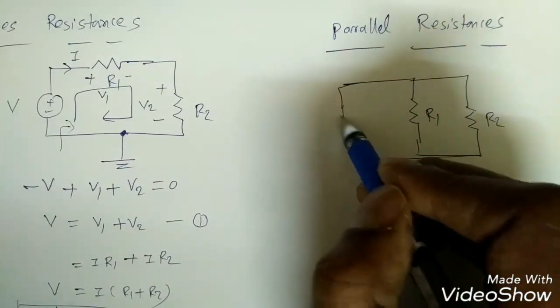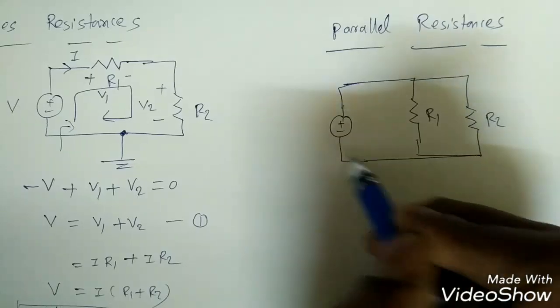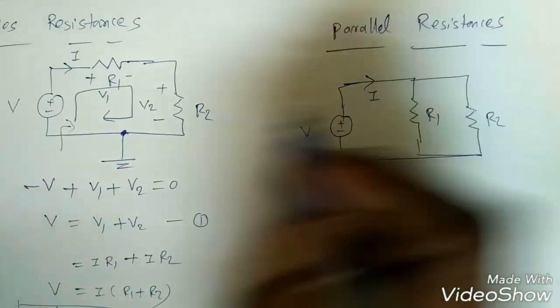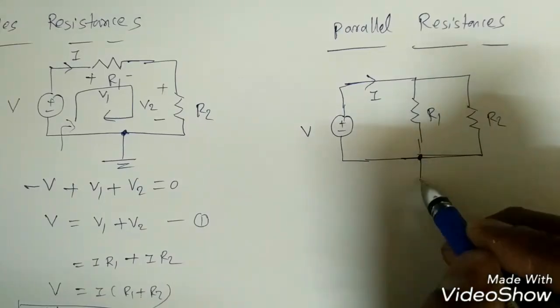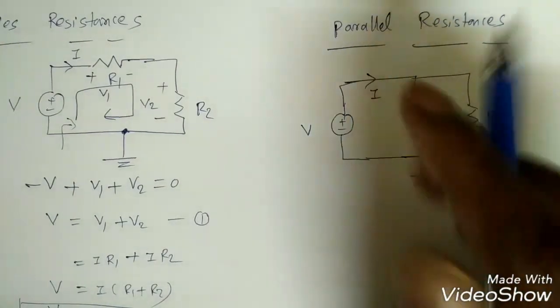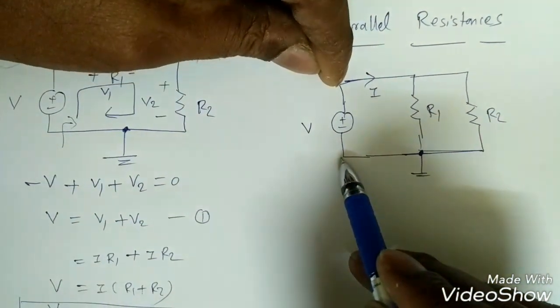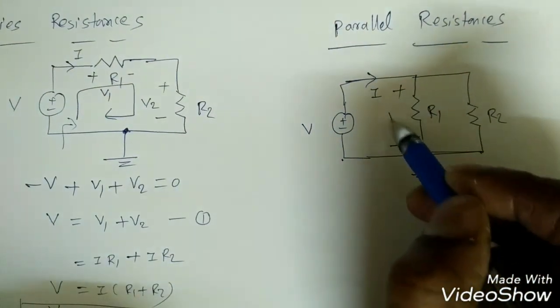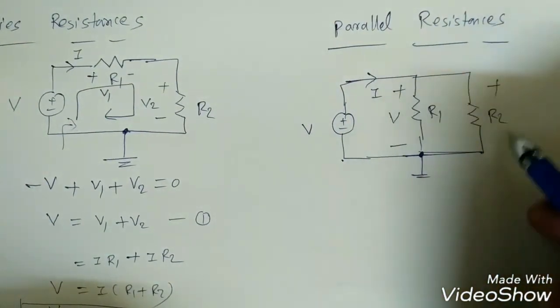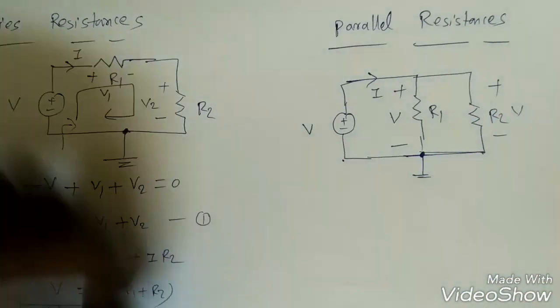And this is some voltage V, and this is current I, right? Now how to find the equivalent? Here, see, this is the branch of V, which is parallel to these two resistances. Parallelly the voltages will be the same, so this is also the same, right?